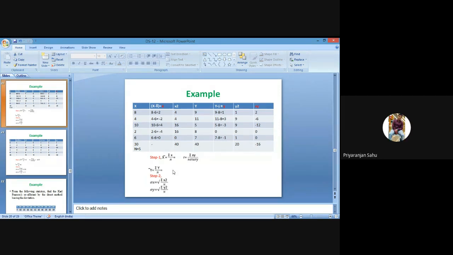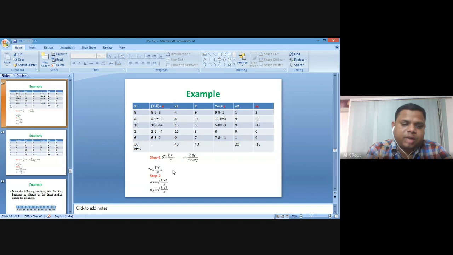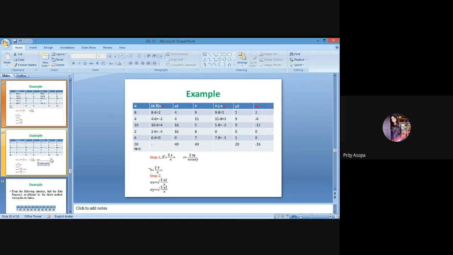Minus 16 divided by 5 into 2.8 into 2. Calculate this one. So minus 0.57.